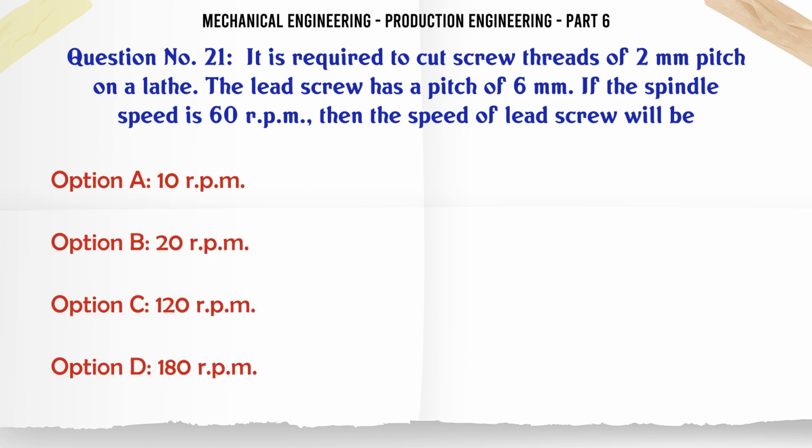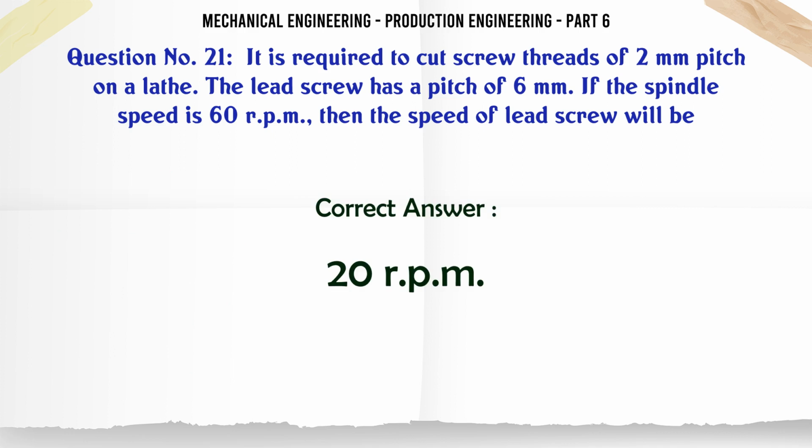The lead screw has a pitch of 6 mm. If the spindle speed is 60 rpm, then the speed of lead screw will be A. 10 rpm. B. 20 rpm. C. 120 rpm. D. 180 rpm. The correct answer is 20 rpm.